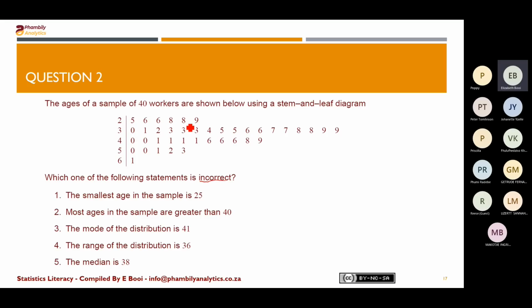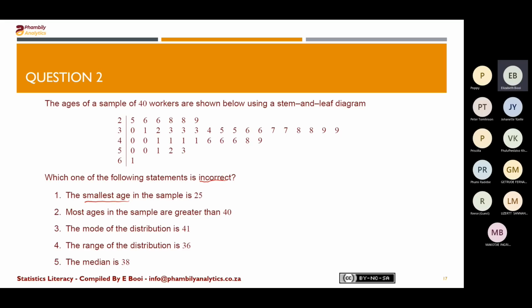They should also follow an order. So you cannot have 2, 4, 3, 7, and 10 haphazardly. They need to be in order. So which one of the following statements is incorrect? We can do a process of elimination because we are asked for the incorrect statement.